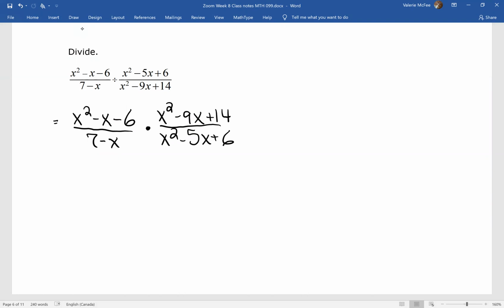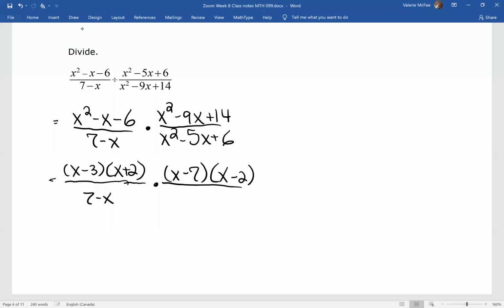You should pause your video and factor this yourselves. Did you get all those factors? Now we can divide out common factors.